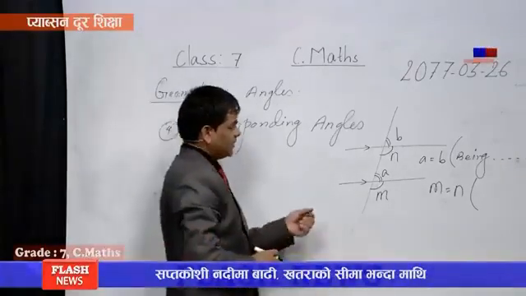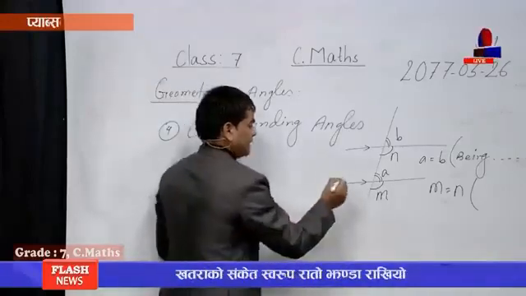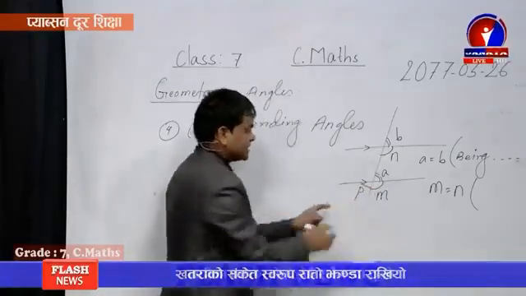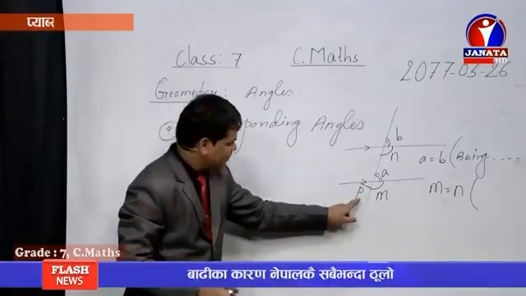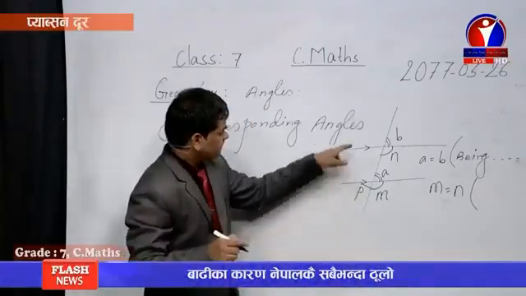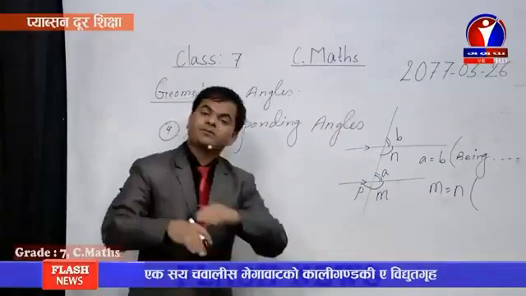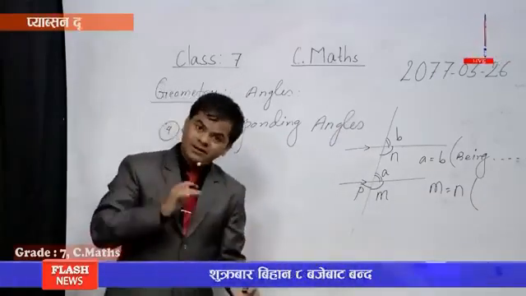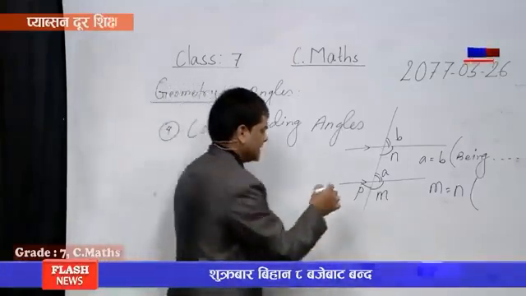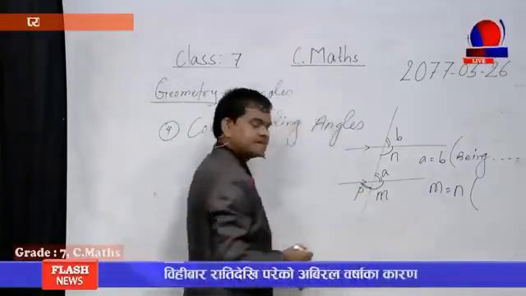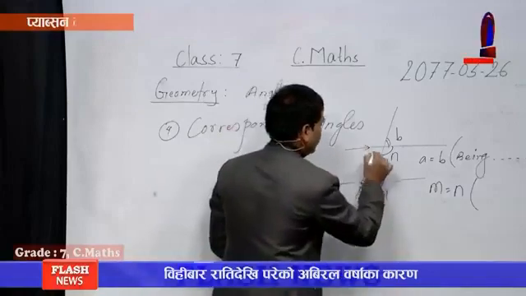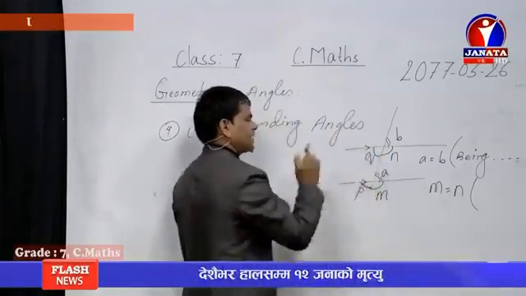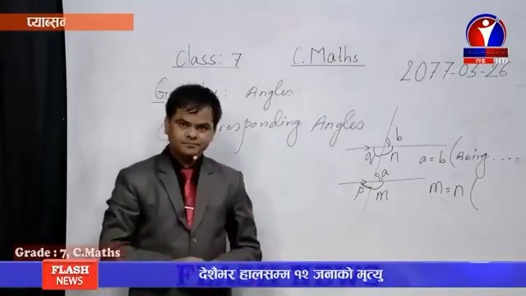Similarly, there are so many corresponding angles, dear student. Now to this one also you can make a corresponding angle. If it is P, then as it is outside, another should be inside, but it should be on the same hand side. That means if P is on the left hand side, then Q also should be on the left hand side, but P is outside, Q is inside.